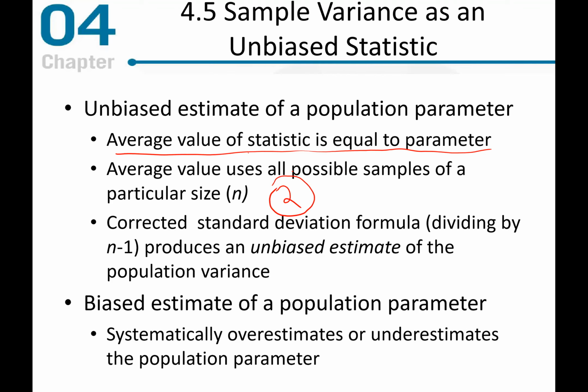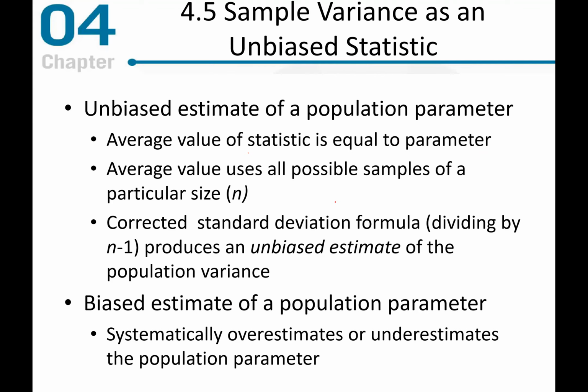If we added up all of those sample means and then divided by the number of sample means that we had, it is going to equal the population parameter of the mean for the population. So the average value of a statistic is equal to a parameter.